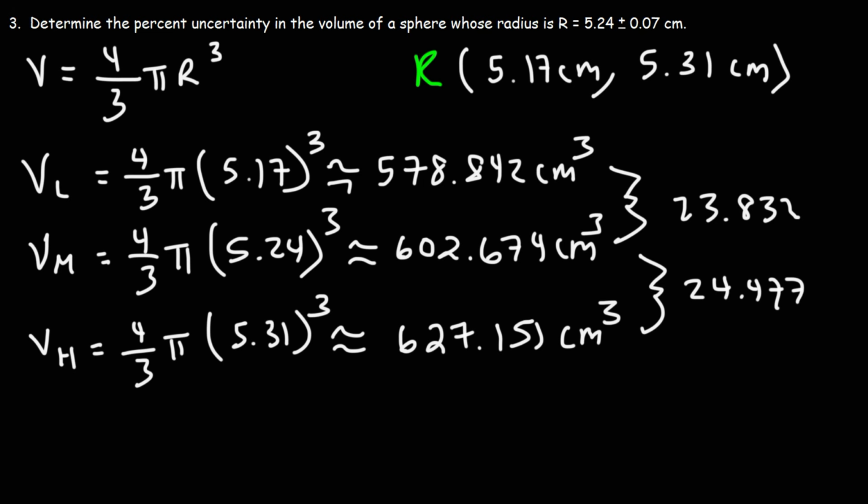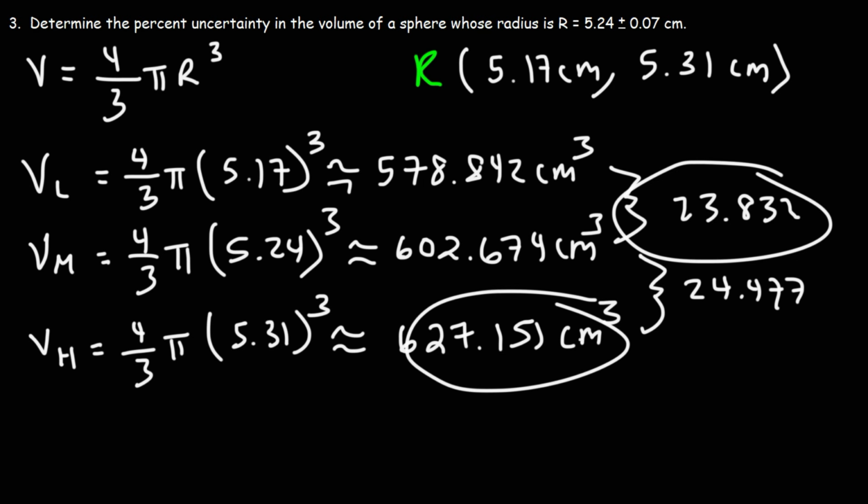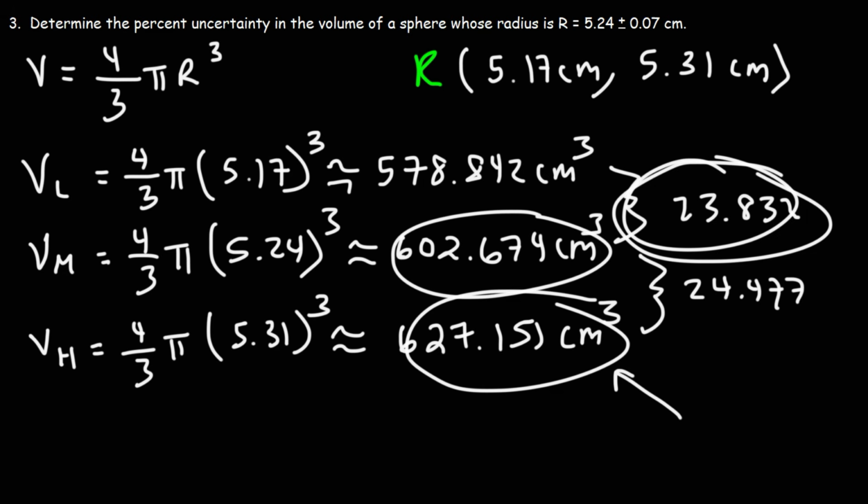Which of these two values should we use as our estimated uncertainty for the volume of the sphere? Should it be this one or this one? If we were to use the lower one, 23.832, this number will be included in a range, but this number will be outside of the range, because if you were to add these two numbers, you're going to get a number less than this.